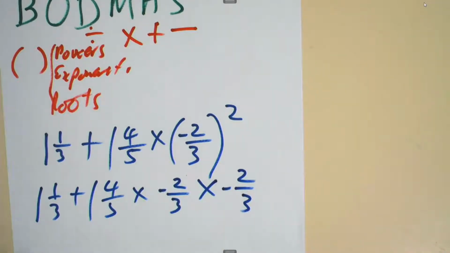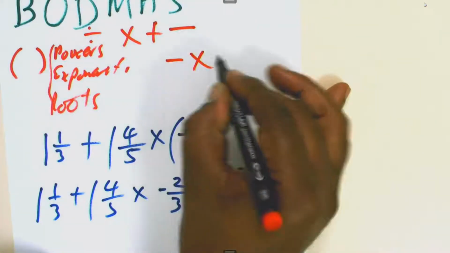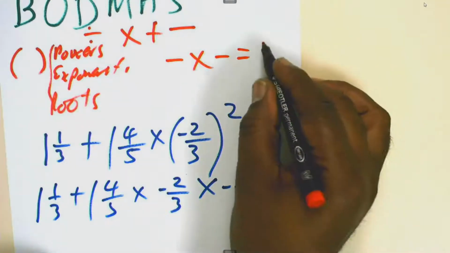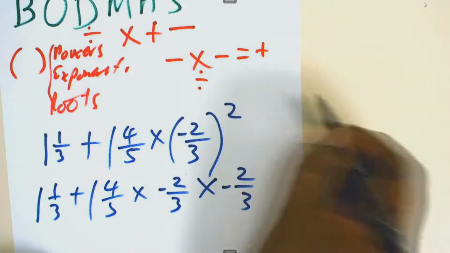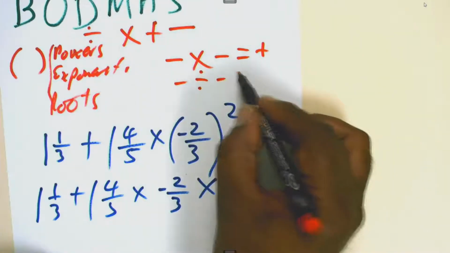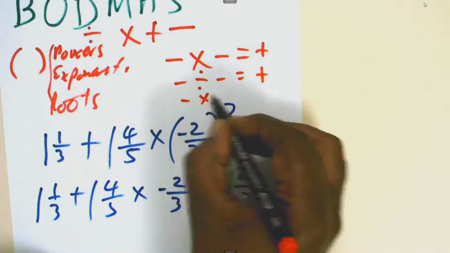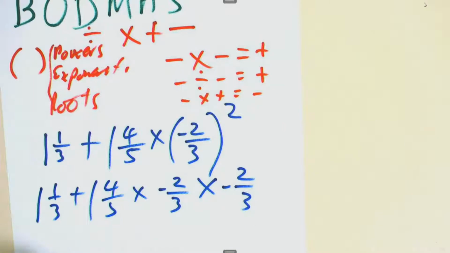Remember, last time we spoke about multiplication or division of negative and negative will give you a positive, or negative divided by negative will give you a positive, but negative by positive, negative takes over.